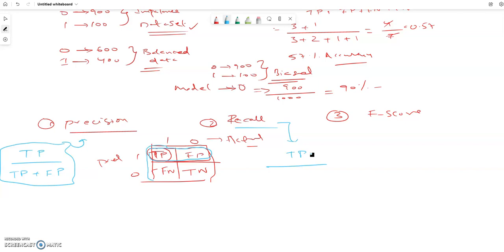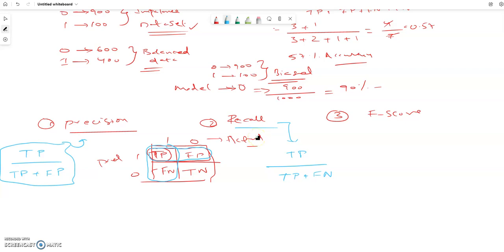Now we will focus here for the recall. This is very important, because we need to understand what is recall and what is precision.